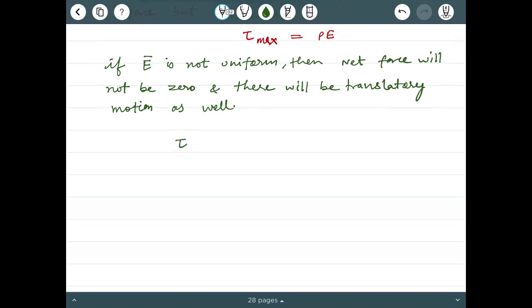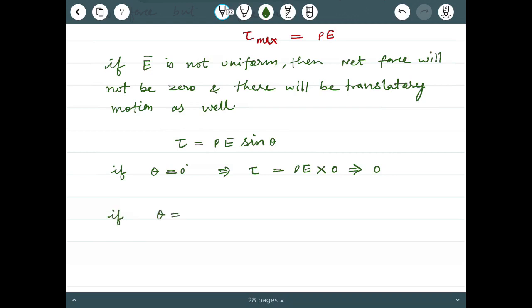Now torque equals P cross E means we can write PE sin theta in magnitude form. Now if theta is 0 degree, then torque equals PE sin 0, and sin 0 की वैल्यू 0 होती है, so torque will be 0.